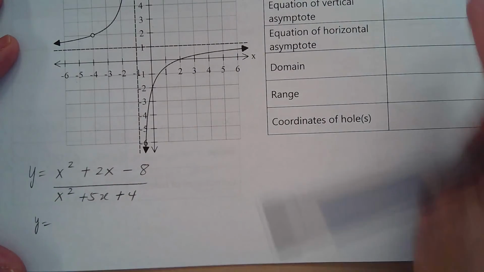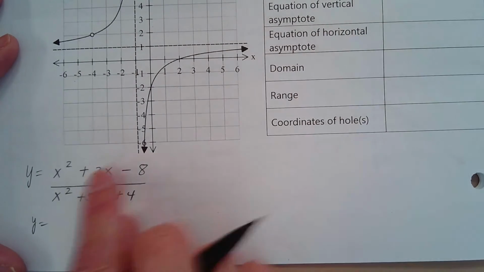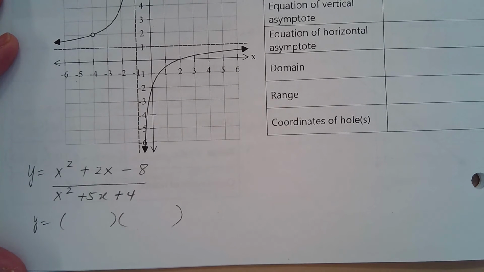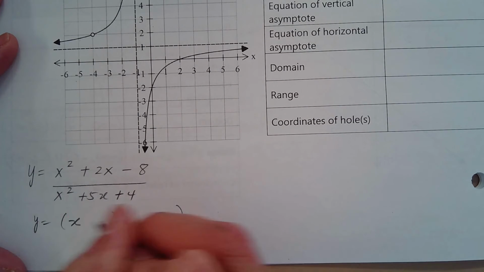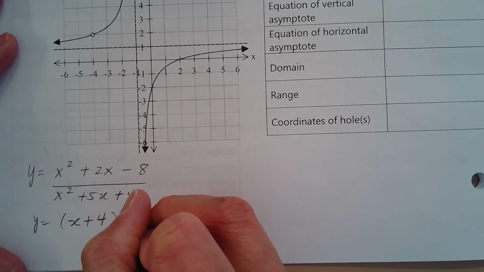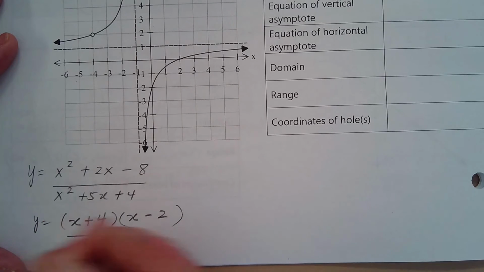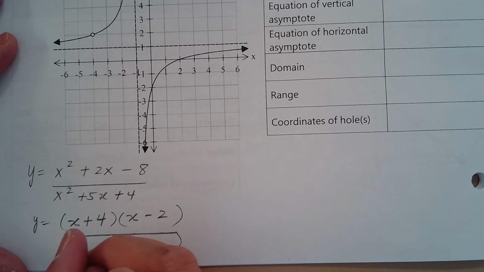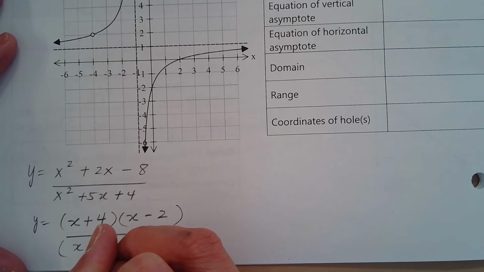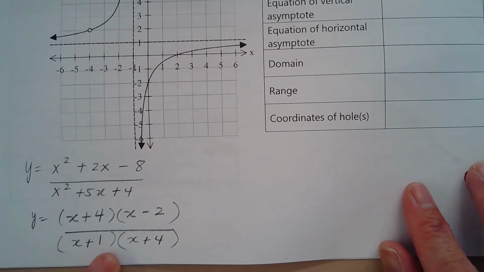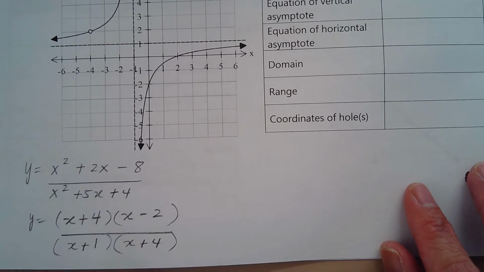What would be the factored form of this one here? x plus 4, x minus 2, and what's the denominator? x plus 1, x plus 4. Now, looking at this one here, what are the non-permissible values?